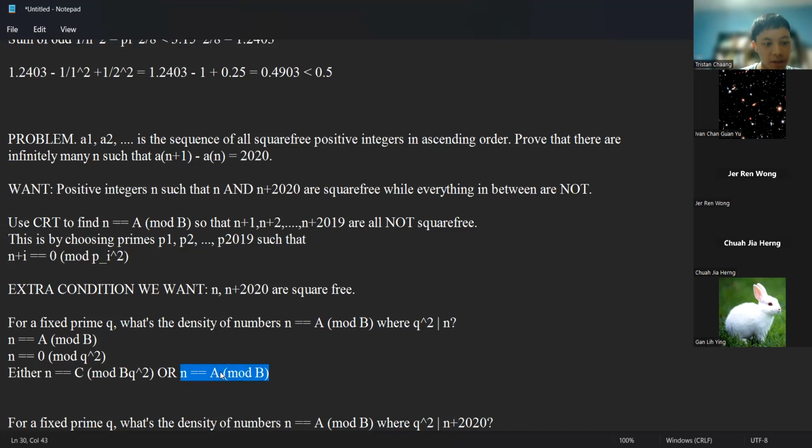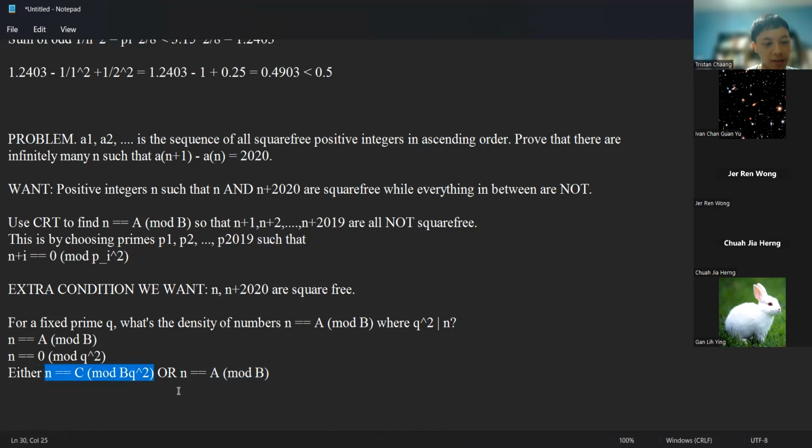So what does that mean? We want this case. We don't want this case. This case is quite rare actually. And the way we delete this case is by going back a step and choosing our PIs carefully.